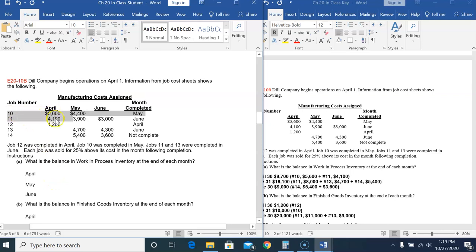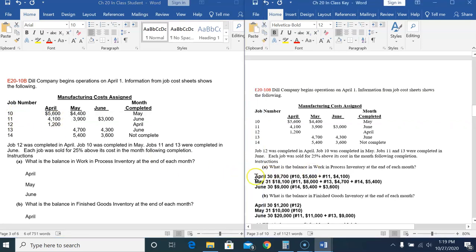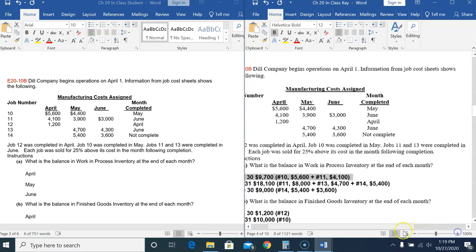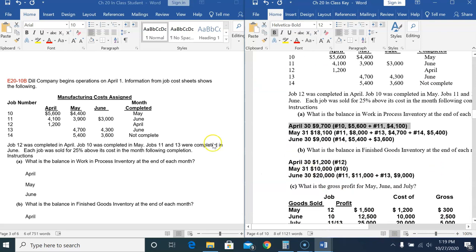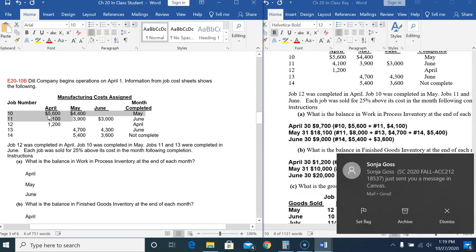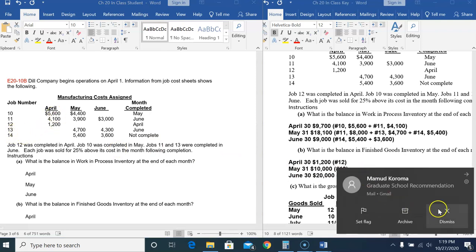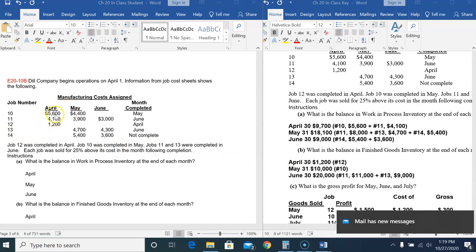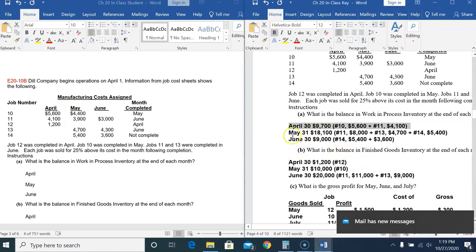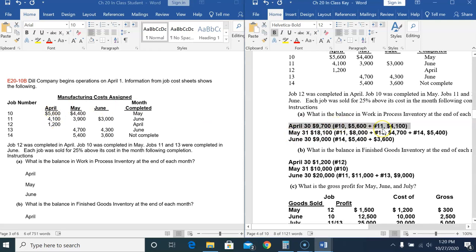There were only 2 jobs started that were incomplete at the end of April, jobs 10 and 11. So for the April 30th work in process balance, it will be the cost incurred thus far on job 10 and 11. The costs incurred on job 10 and 11 were $5,600 and $4,100.